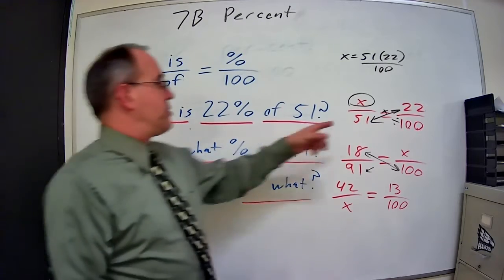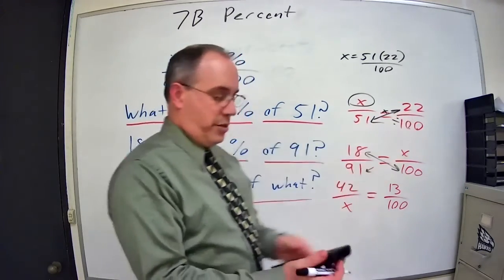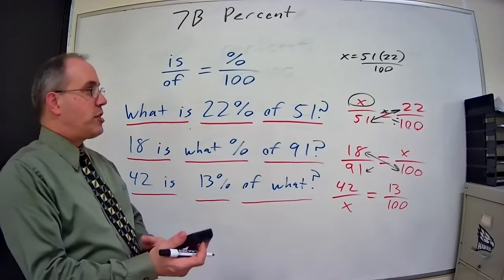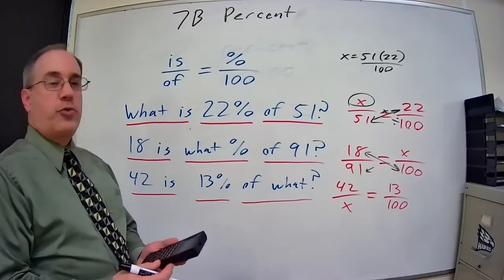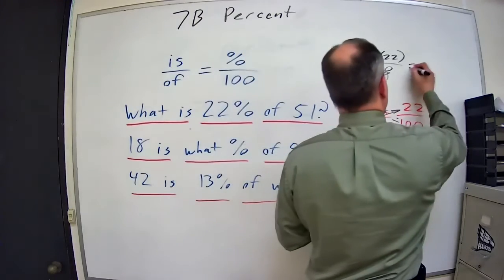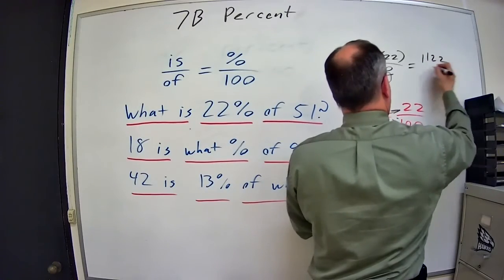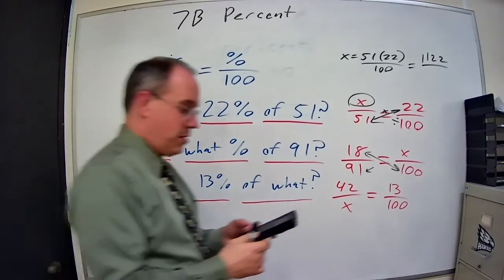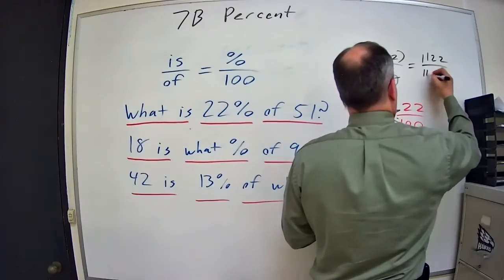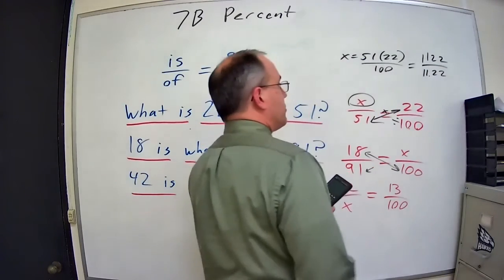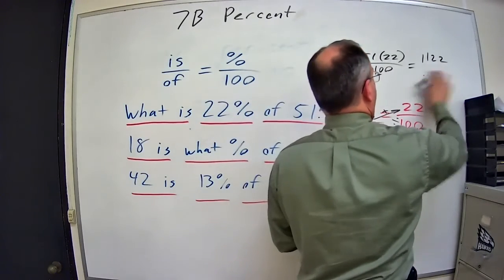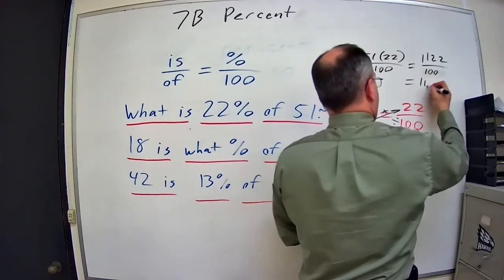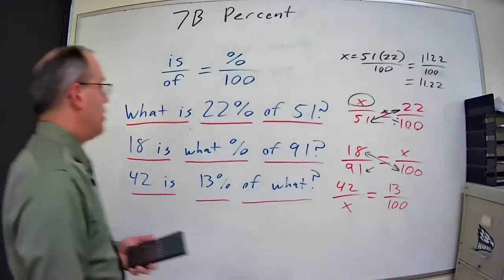With this first one, we said 51 times 22, which gives us 1,122. Divided by 100 equals 11.22.